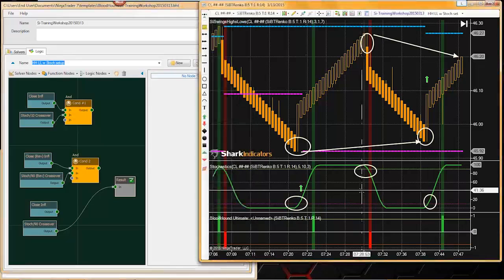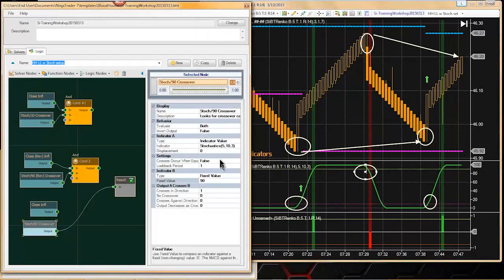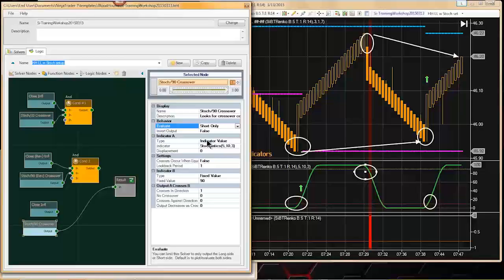And okay, great. So we have a cross down here that's short, and I'll set this to shorts only.